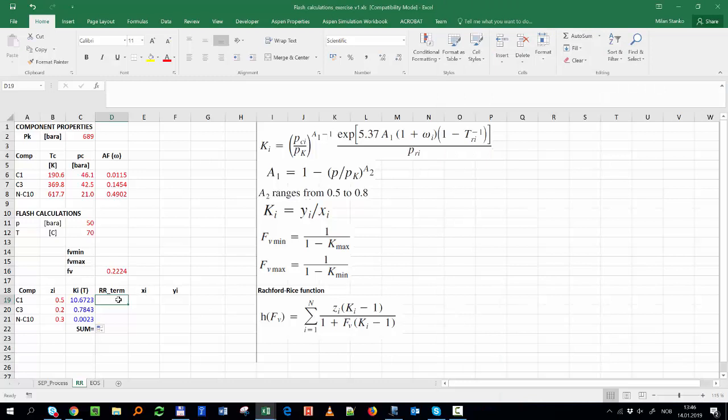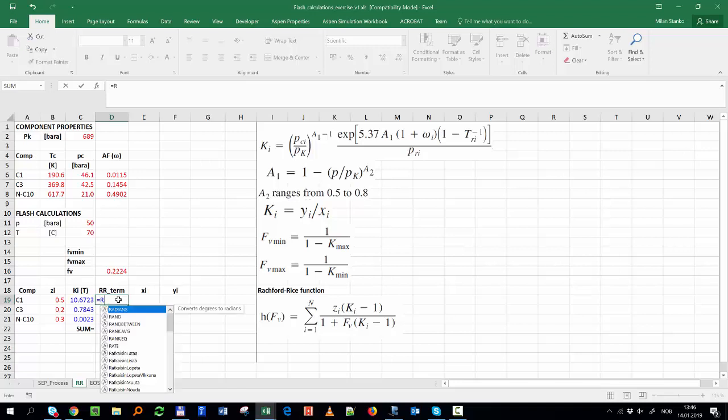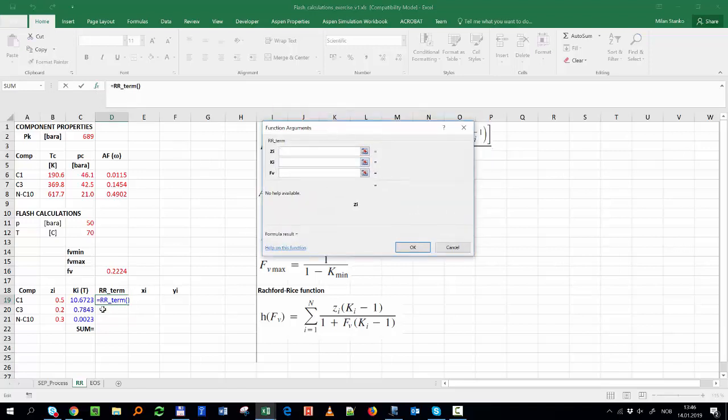We are going to calculate component by component. And I can call the function not only by pressing Fx, but I can just write it with the name, Rachford Rice term, and then I select it. If I want to see the input, I click here on the function: Zi, Ki, and the fraction, which should be empty.